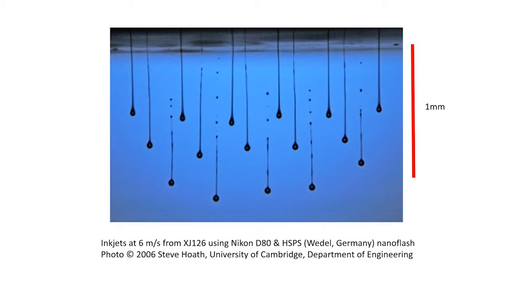We've got another method which we used 9 years ago when I took this winning photograph of inkjets from a Tsar printhead, just using a Nikon, but I was also using a spark flash system developed in Germany, which gave a 20 nanosecond exposure time. So the point is, the image is frozen. It doesn't have blur, which is very important when you want to measure where drops are in flight.